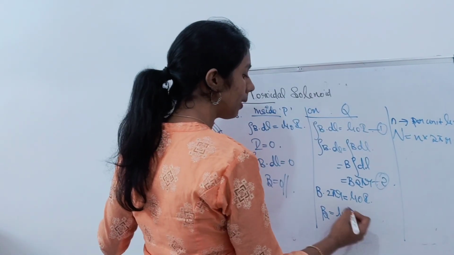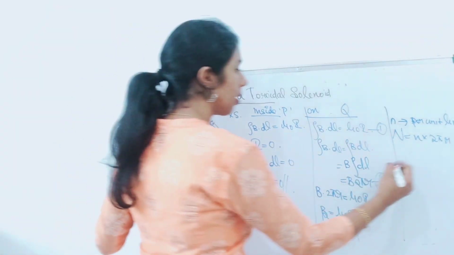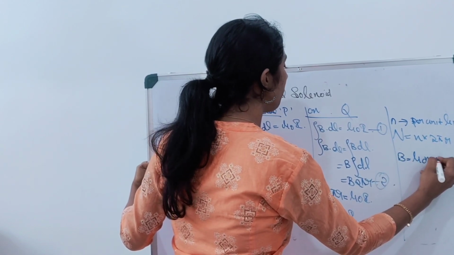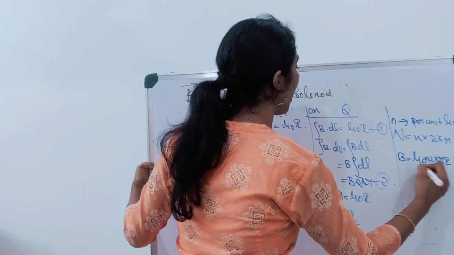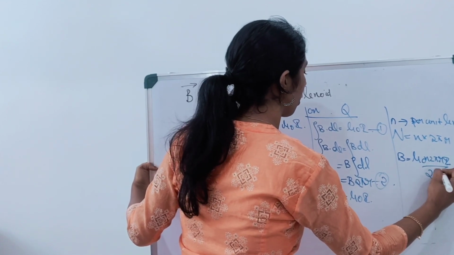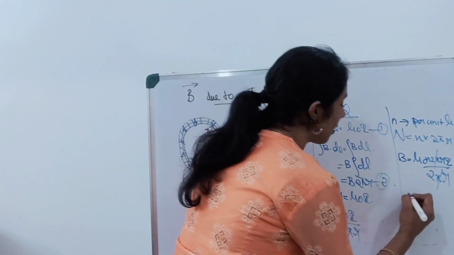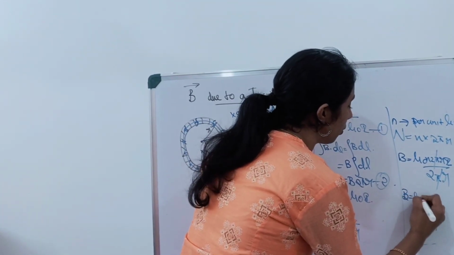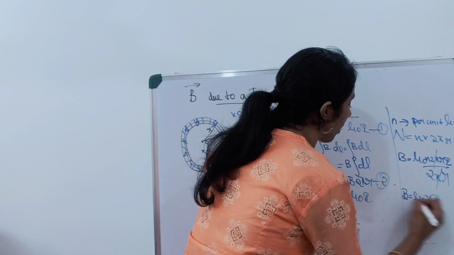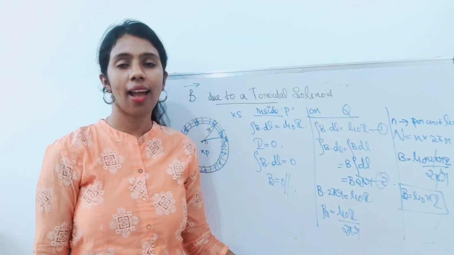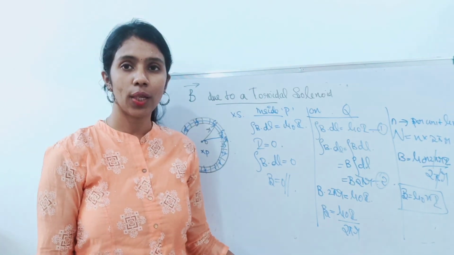So here I am multiplying the total number of turns. B is equal to mu 0 n into 2 pi r I divided by 2 pi r. 2 pi r cancels, and the final answer is B is equal to mu 0 n I. Same equation as that of the solenoid, mu 0 n I, where n is the number of turns per unit length.